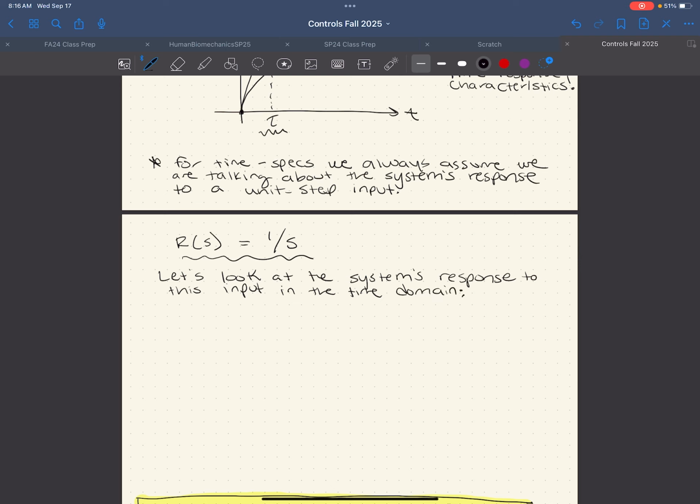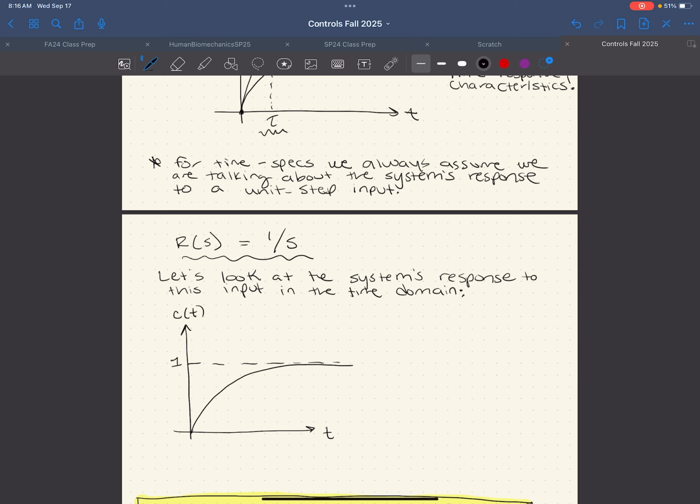It's a fancy way of saying that the x-axis of this graph is going to be time, and I want to look at the output with respect to time. First order systems are pretty plain Jane. They all have something that looks similar to this. First order systems do not oscillate. Systems only begin to oscillate at second order and above.